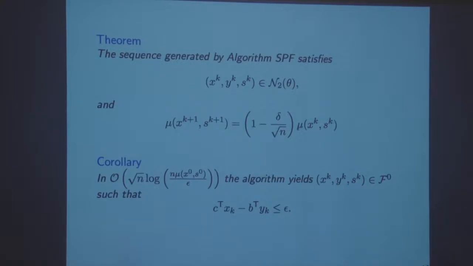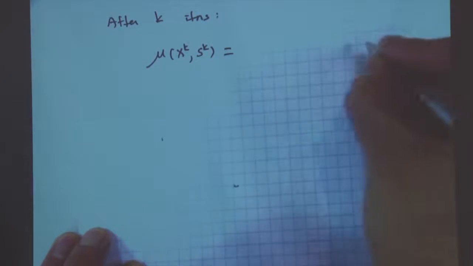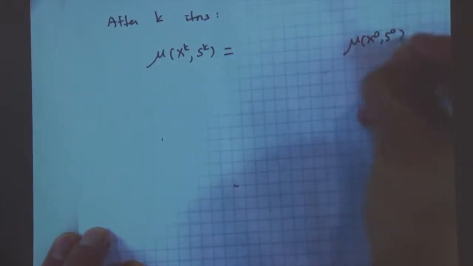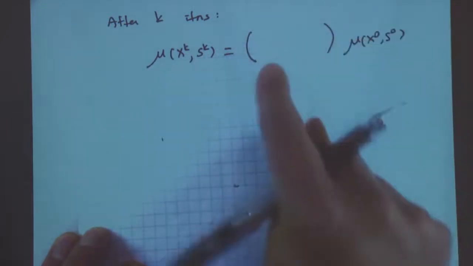I think I have just enough time to show you that. This is easy. Once we have the second statement of the theorem, this is easy because after k iterations, what is mu of xk sk? If I want to relate that to mu of x0 s0, what is this equal to?